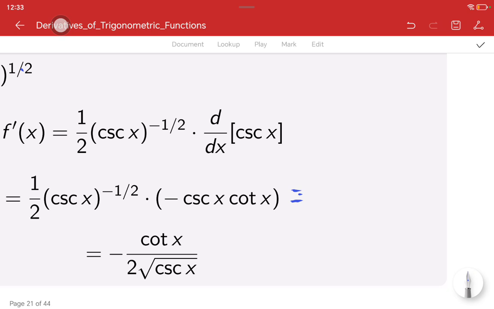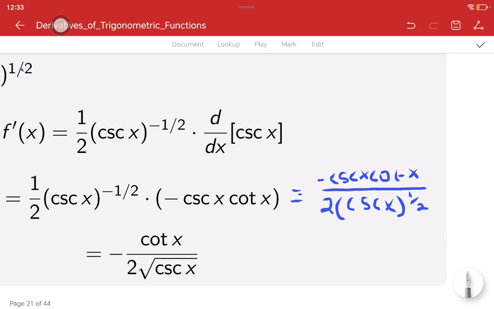This will be minus cosec of x cot of x all over 2. When I take that to the denominator, it's going to be cosec of x to the 1/2. Here I just forgot the negative, the cosec of x.